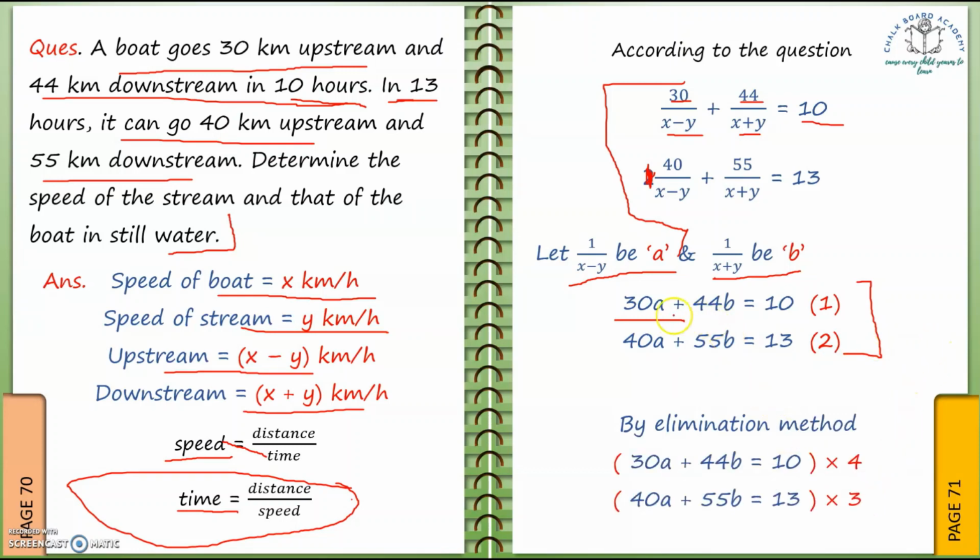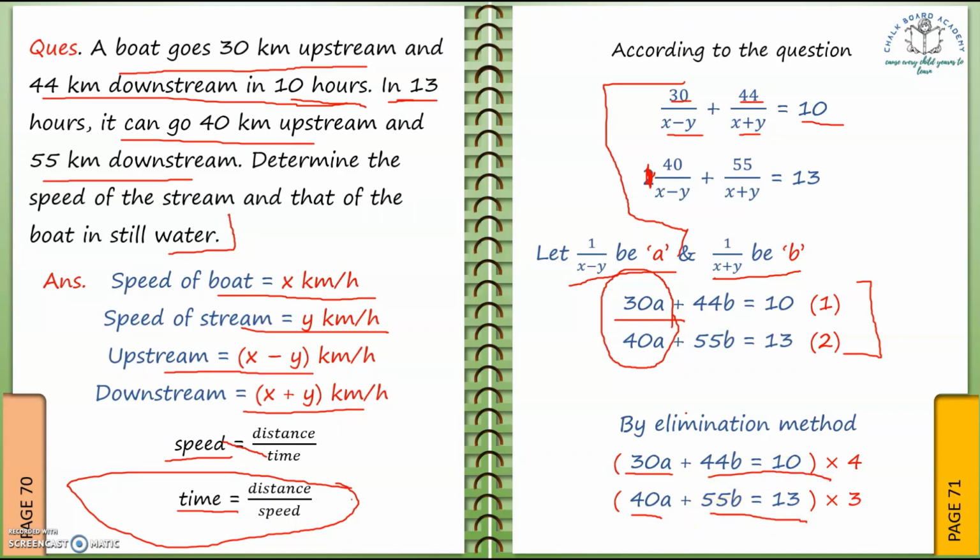In the first equation, because we are trying to eliminate variable a, I have multiplied 30 by 4 to make it 120, and in the second equation 40 by 3 to make it equal to the first. The rest of the terms are also multiplied by 4 here, and by 3 in this case.